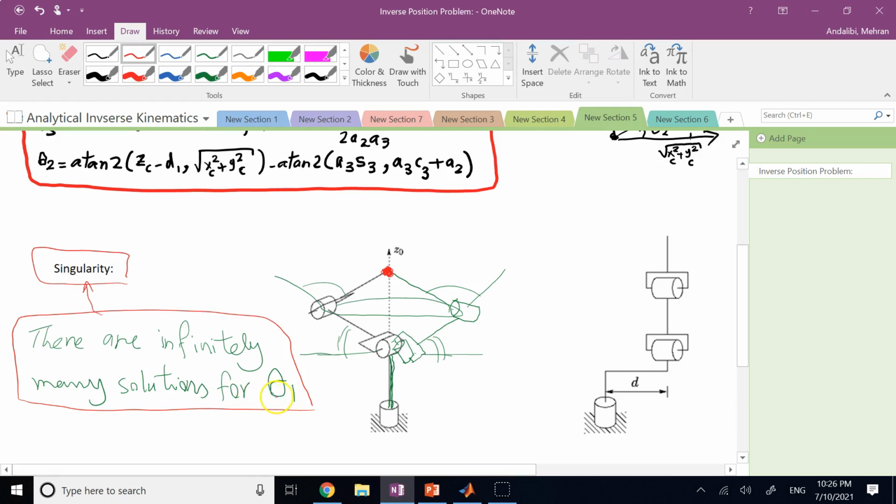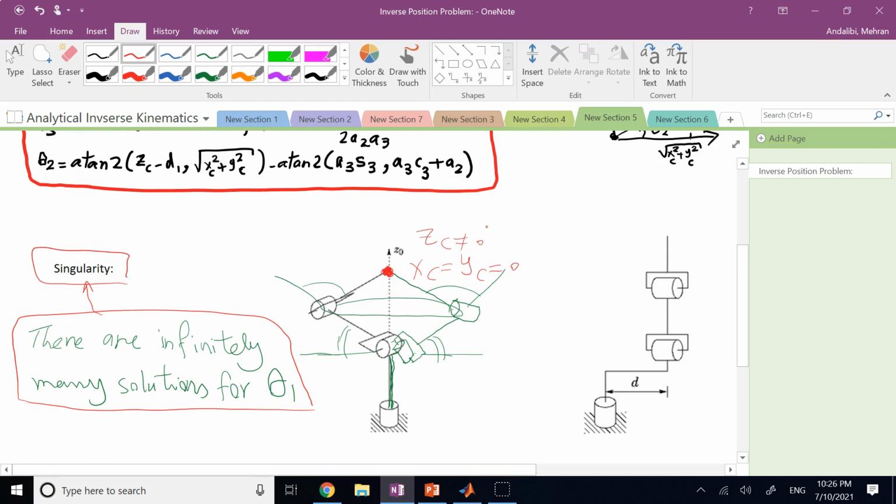But when it's ambiguous, there is nothing to force theta 1 to take any specific value or values, finite values, that means a singularity. So the inverse position problem here can have a singularity should the x of c and y of c be 0. In this case, x of c is equal to y of c equal 0, but z of c is non-zero.